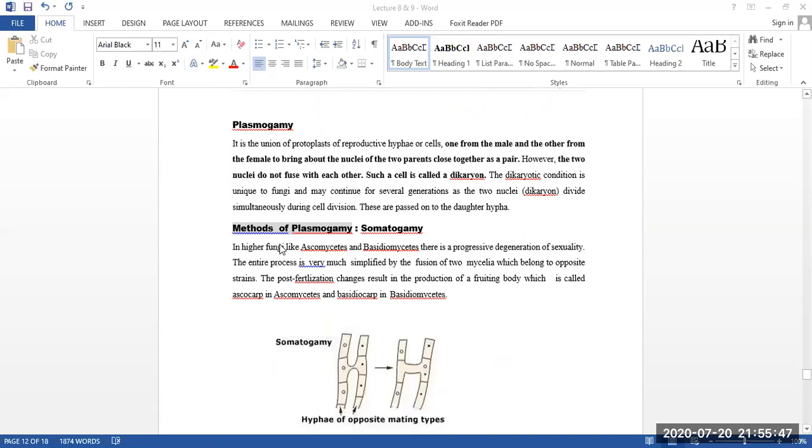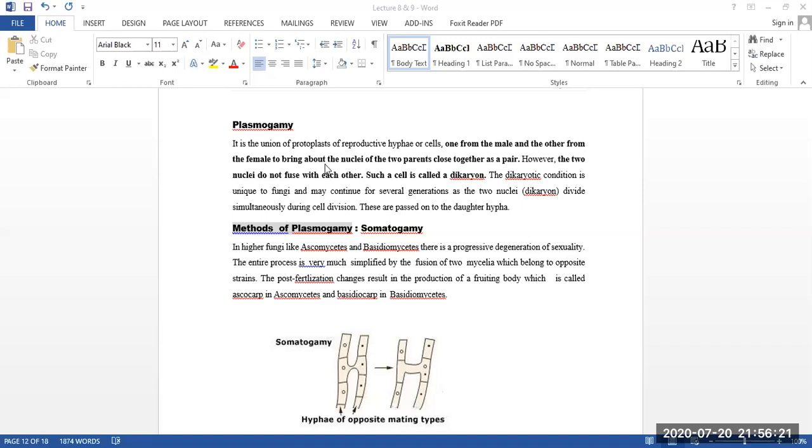So in the case of plasmogamy, what actually happens? One nucleus from the male and one from the female come together to bring the nuclei of the two parents close together as a pair. After that, sometimes these two nuclei do not fuse with each other, and sometimes they fuse.